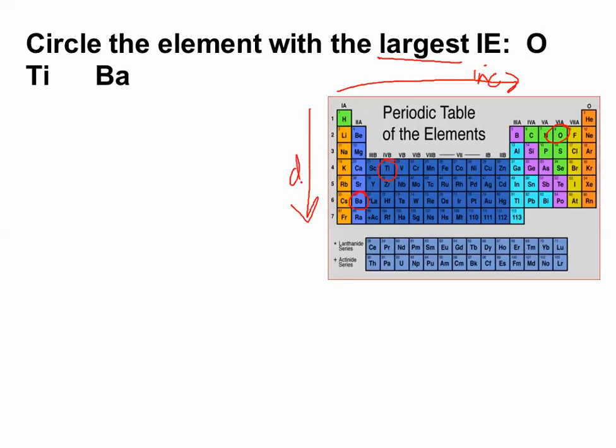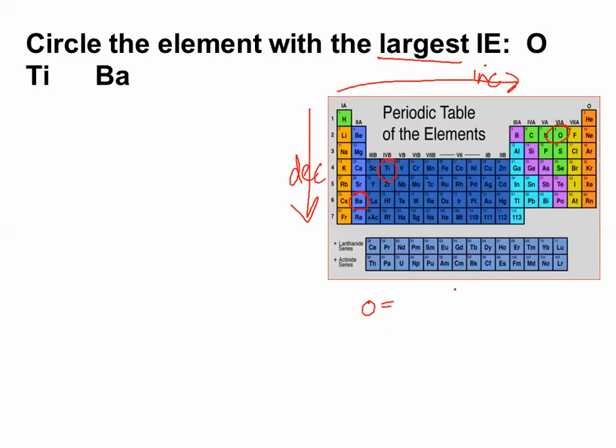We know it decreases as you go down. So basically, it's not going to be barium, because barium is furthest to the left and it's the furthest down. It's not going to be titanium because it's furthest to the left and furthest down. So the answer is going to be oxygen.